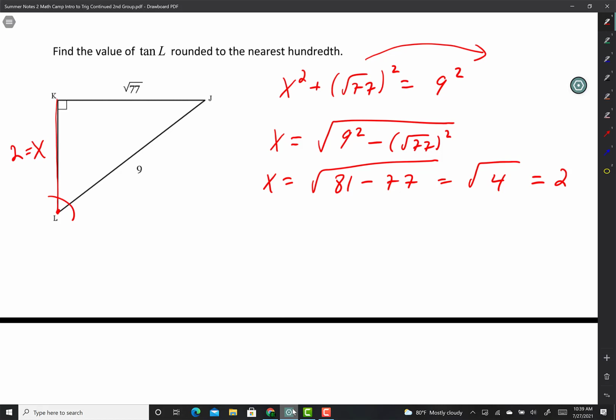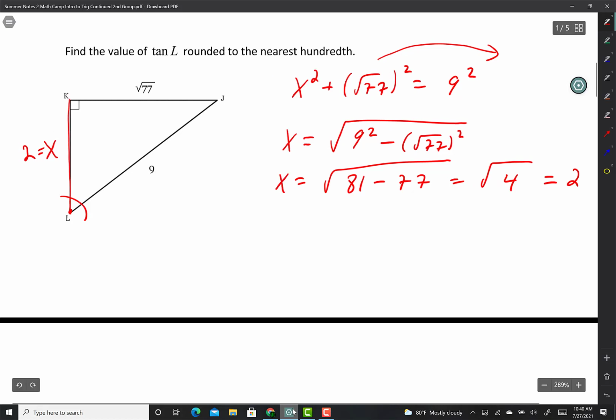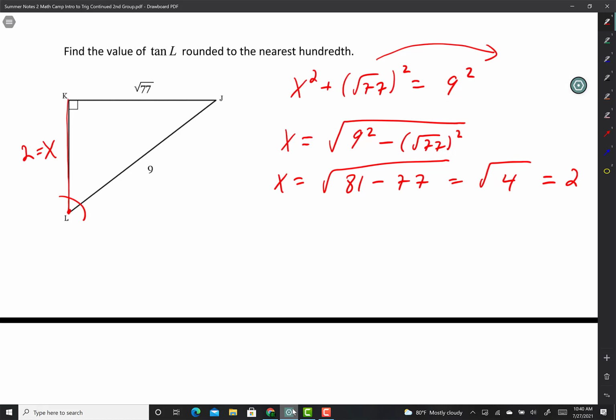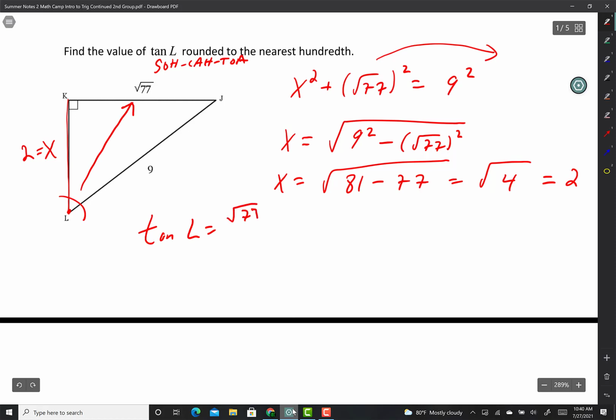Now I'm finally ready to answer, and I'll slow down, guys. I'm going to write SOHCAHTOA. It wants tangent, so I'll write tan of L. Tan of L is opposite, so square root of 77 over 2.